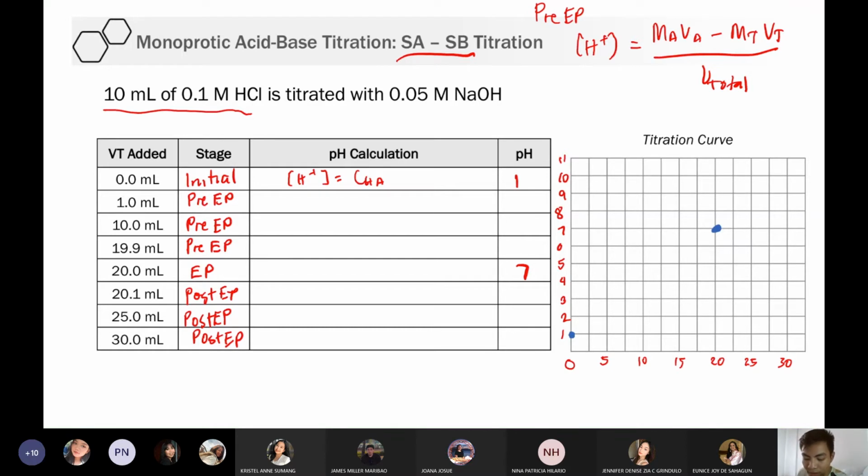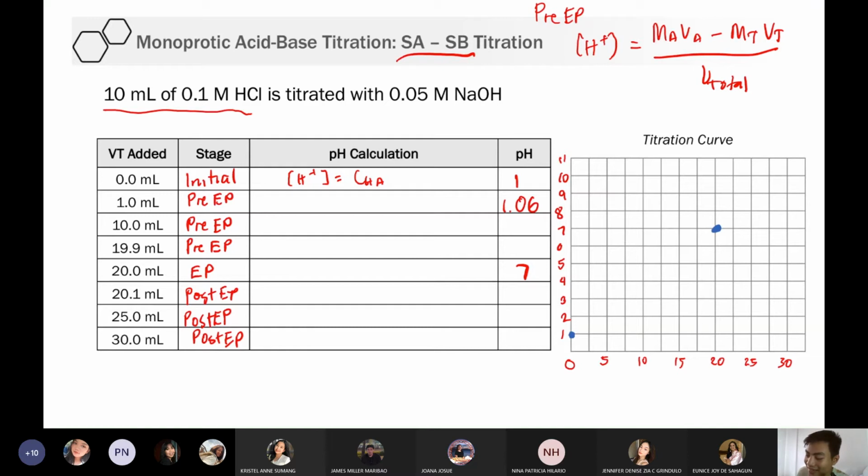Okay. So at 1 ml, aalamin ko yung pH. Pa-plug in ko na ha. Kayo, plug in na rin kayo dyan. Okay. So at 1 ml, the pH is 1.06.